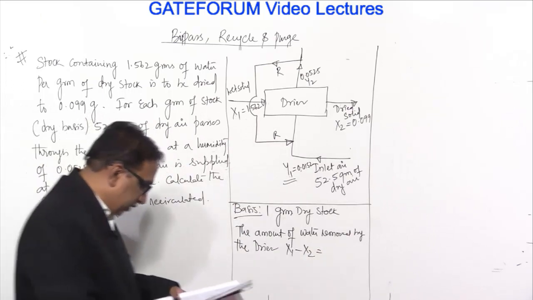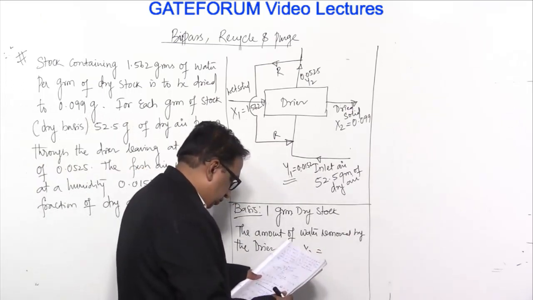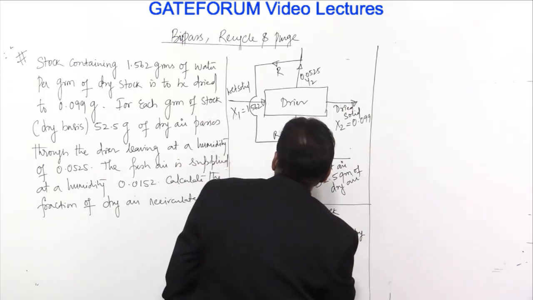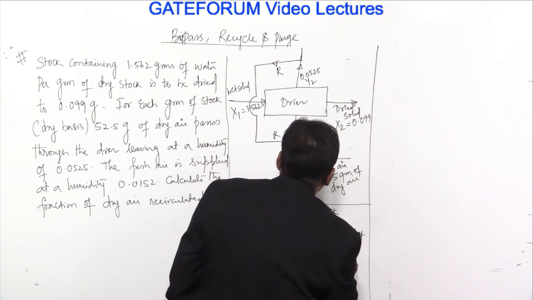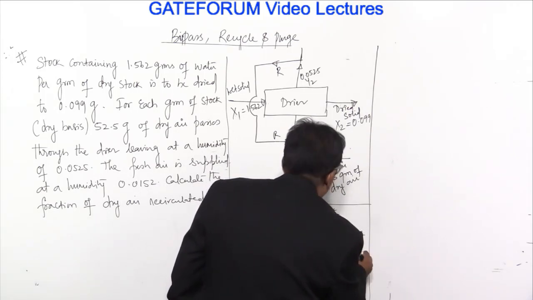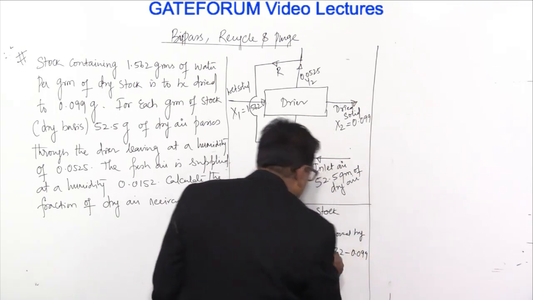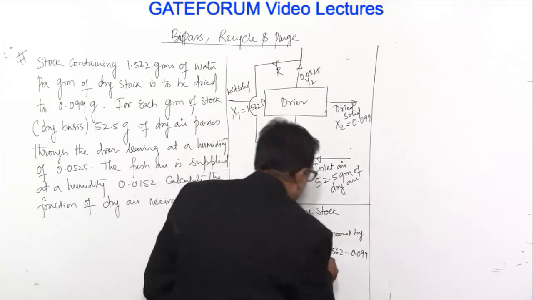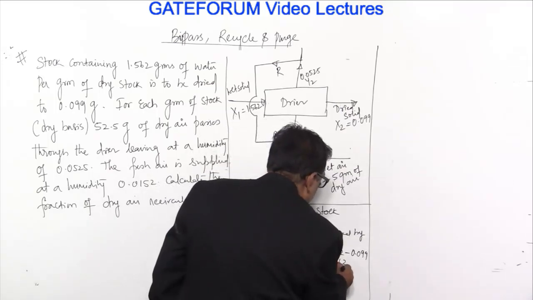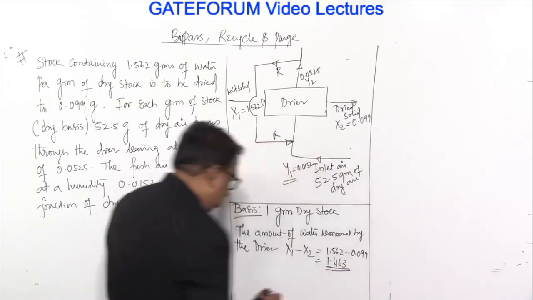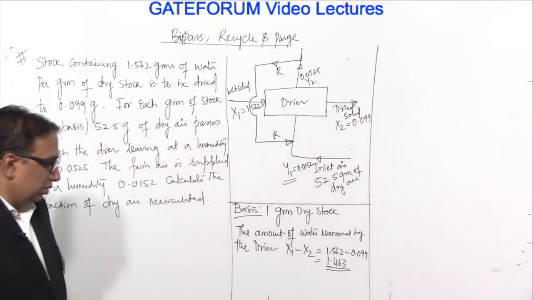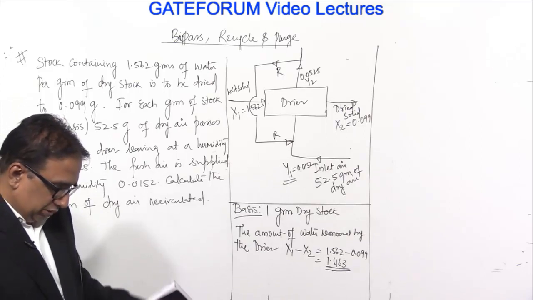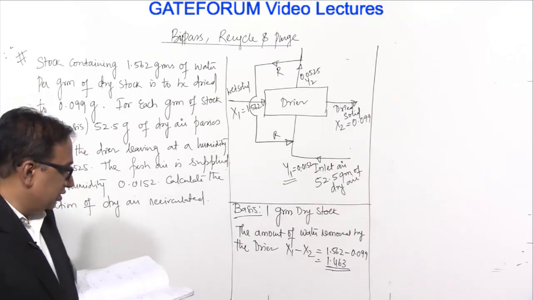So X1 minus X2 is 1.562 minus 0.099, that is 1.463. This is the amount of water which has been removed.